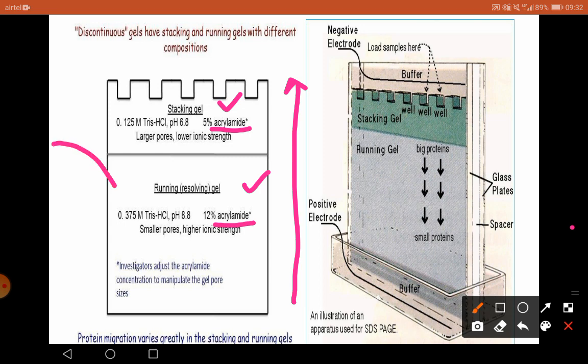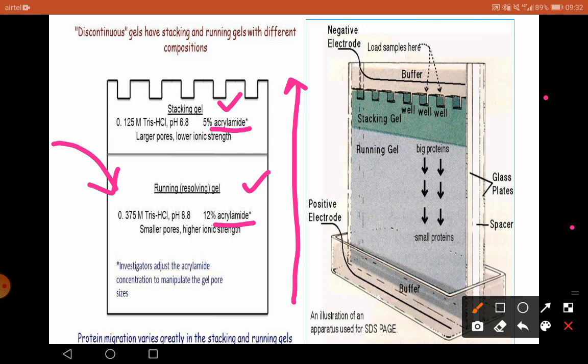First we have to pour the resolving gel, which takes around 70% of your plate, and then the remaining 20 to 30% will be stacking gel, right? After the gels are poured, we place the comb, allow it to settle for some time, then remove the comb. The wells are formed.